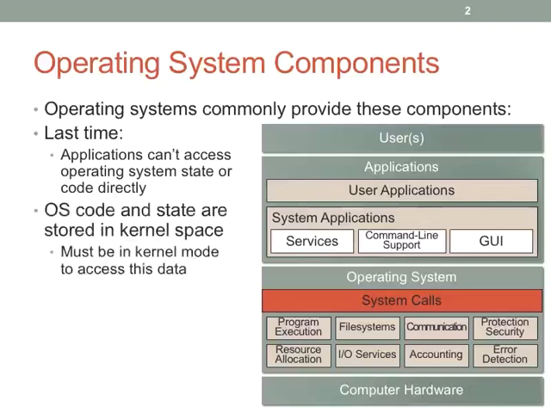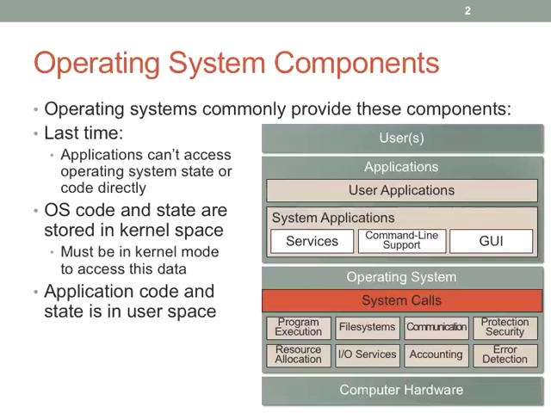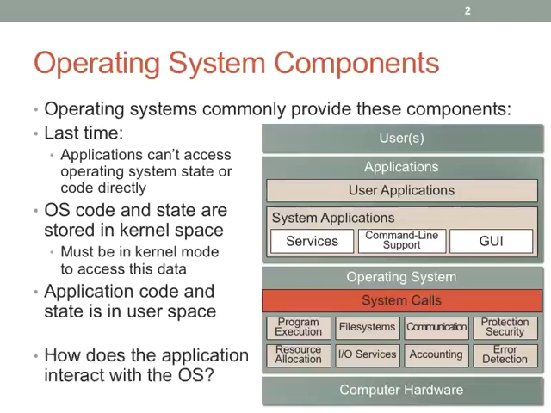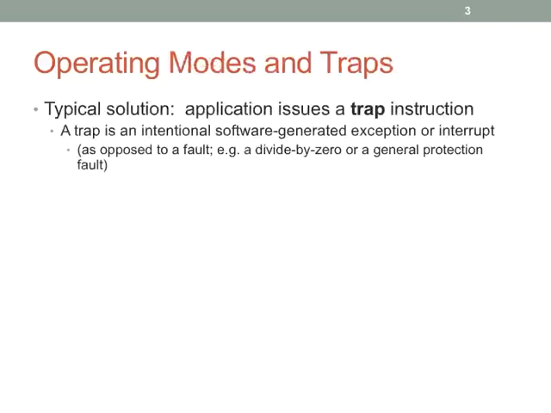And of course, the code and the data that the OS manages are in kernel space and can only be executed in kernel mode. So we had that constraint. And the application code and data is in user space and it can be executed in user mode or kernel mode. So the question is, how does the application actually get into the OS? And we talk about this in CS124, so we don't have to spend too much time talking about it.